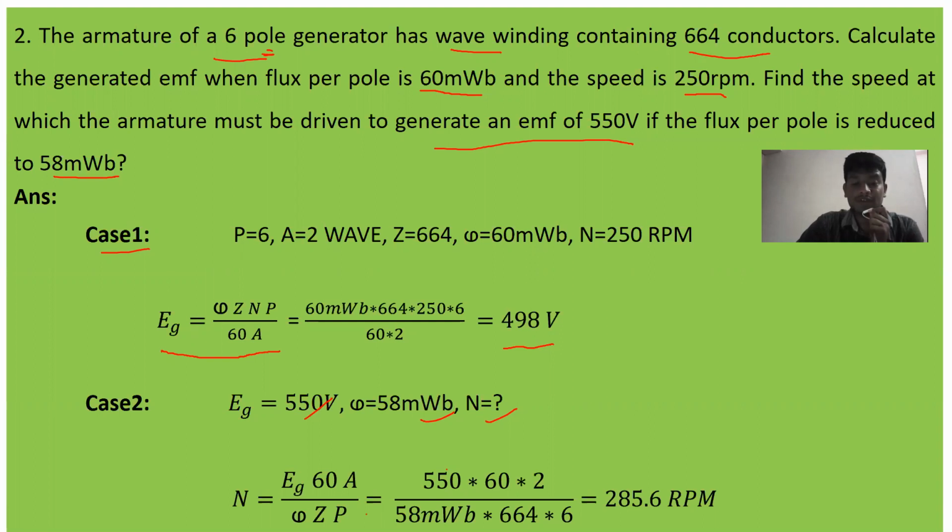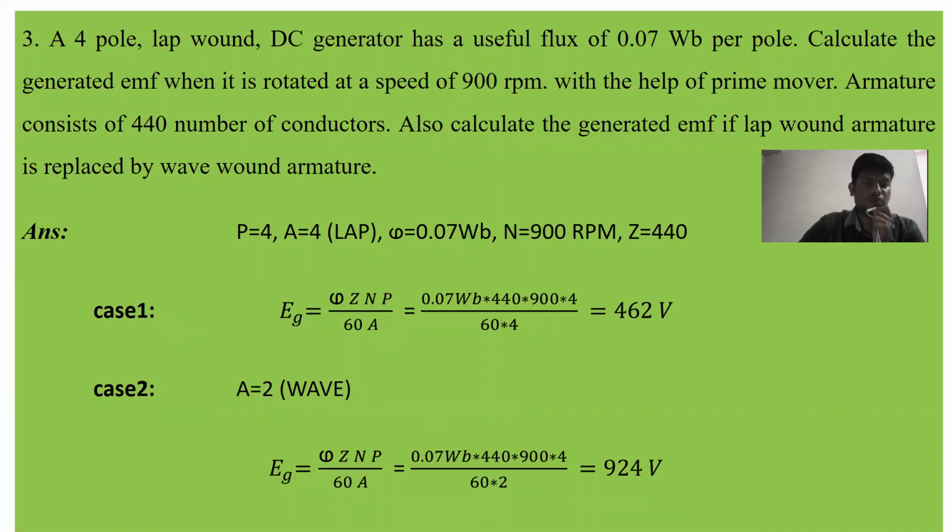But the speed increases from the initial 50 rpm in the first case to 285.6 rpm in the second case. So what is the induced EMF? It is going to increase. If speed increases, induced EMF also increases. Okay, so next we can see the next problem.